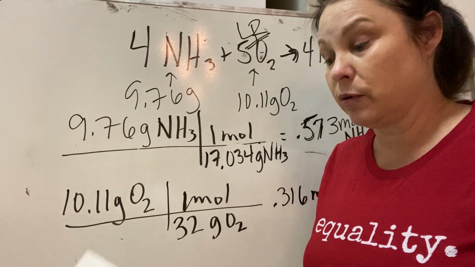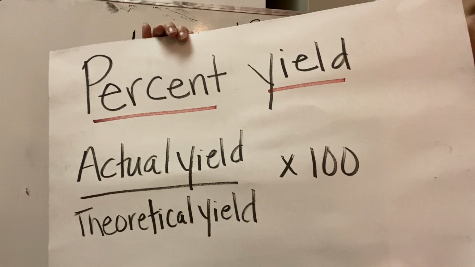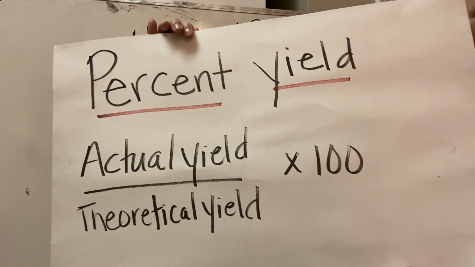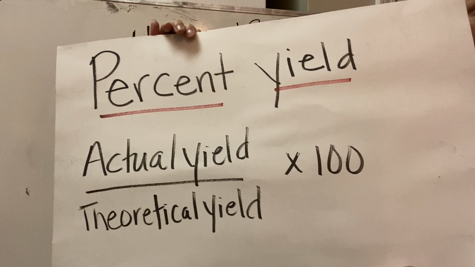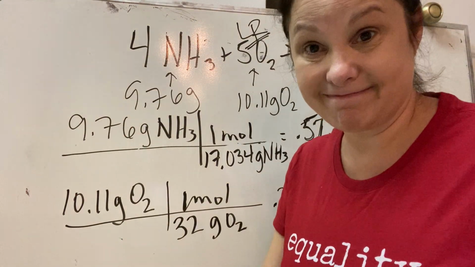And it's up to you to apply this formula: the percent yield is equal to the actual yield over theoretical yield times 100.